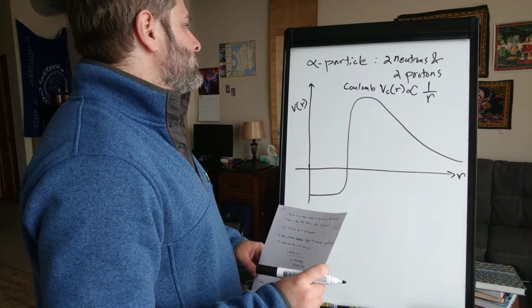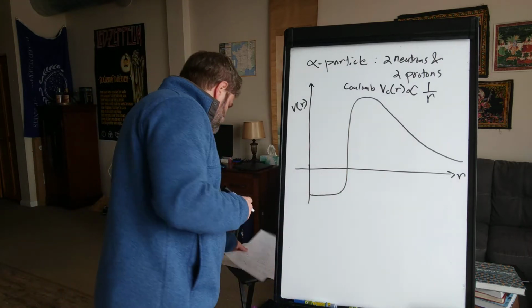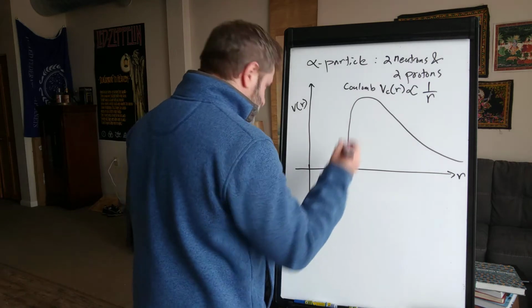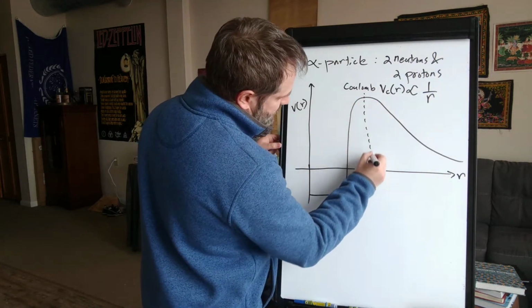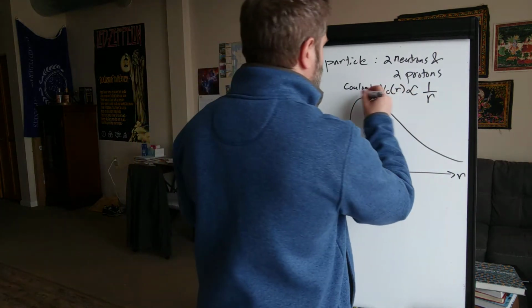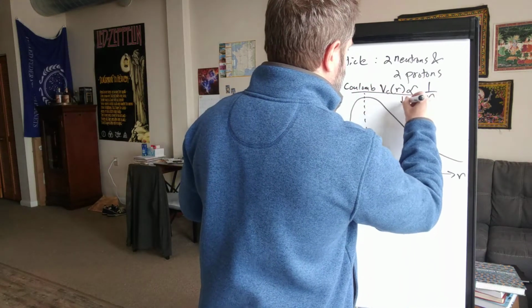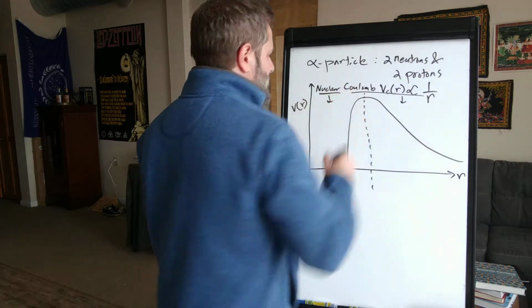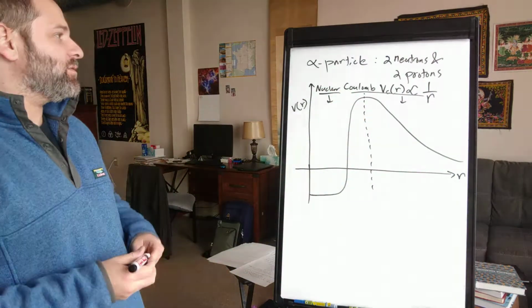Okay? So you can divide this into 2 sections. Here the Coulomb force dominates, and over here is nuclear force dominance. So this is what I was talking about a little bit ago.